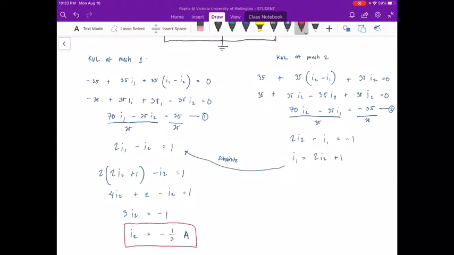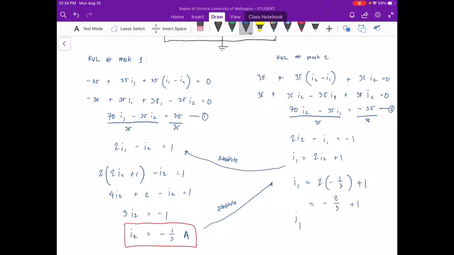Now let's substitute this back into the second equation. We have I1 is equal to 2 times negative 1/3 plus 1. We have negative 2/3 plus 1.